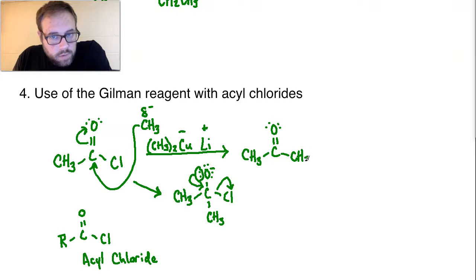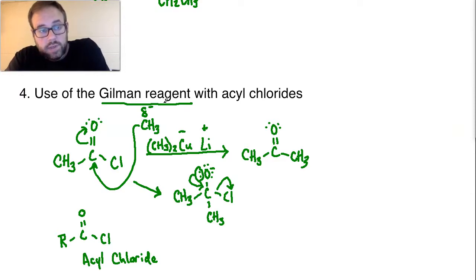This is a ketone, right? So the Gilman reagent can be utilized in the formation of ketones, provided you have the proper acyl chloride for the ketone that you would like, and then you use your Gilman reagent along with that. All right, so that is going to finish our lecture on the formation of ketones.